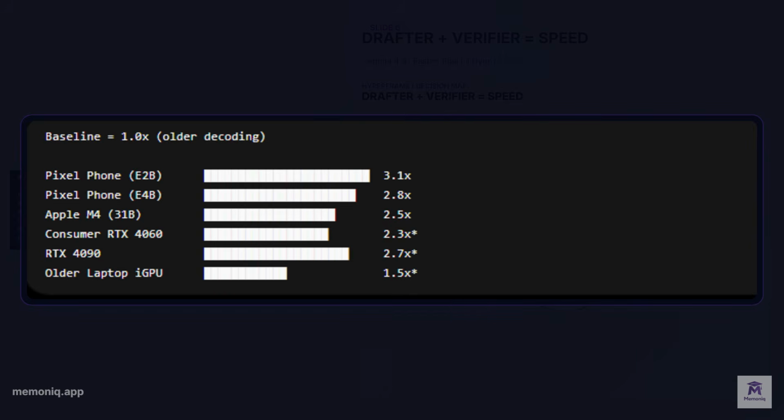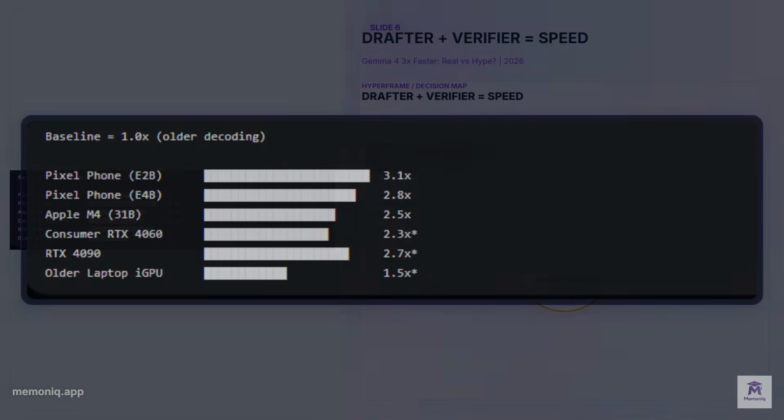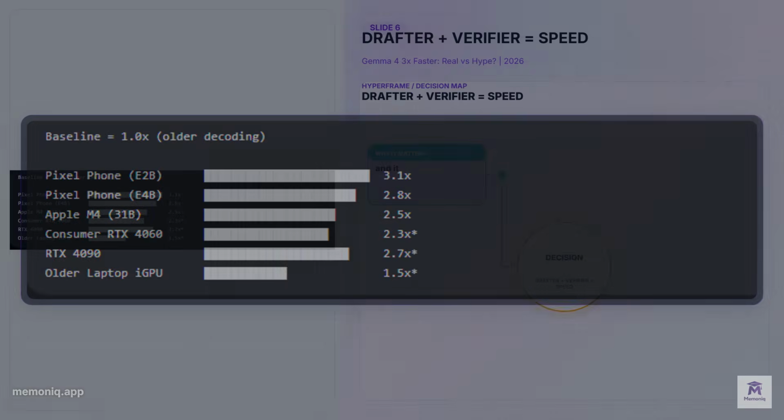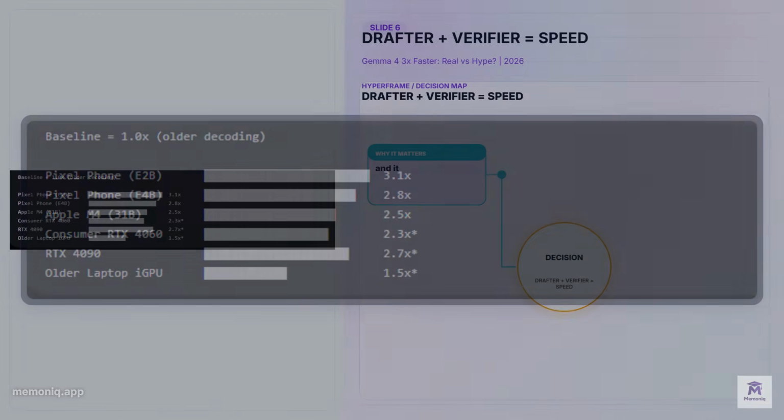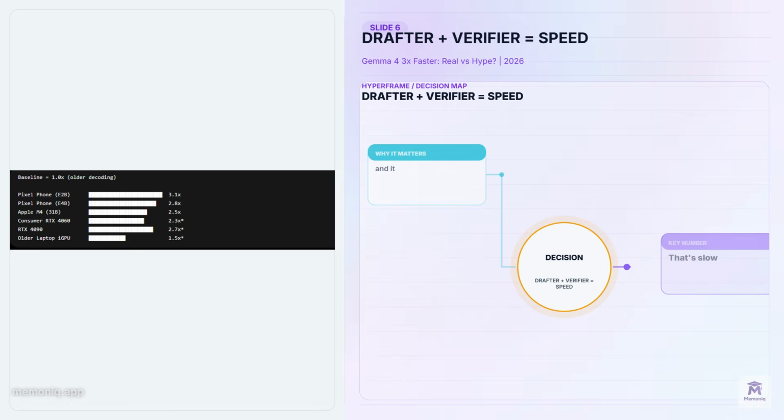The GPU is waiting for data more than it's computing. Google's approach uses something called speculative decoding. Here's the idea: you pair your big smart model, say Gemma 4 31B, with a tiny fast drafter model. The drafter is trained to predict multiple future tokens in one shot. It's not as accurate as the big model, but it's fast, really fast.